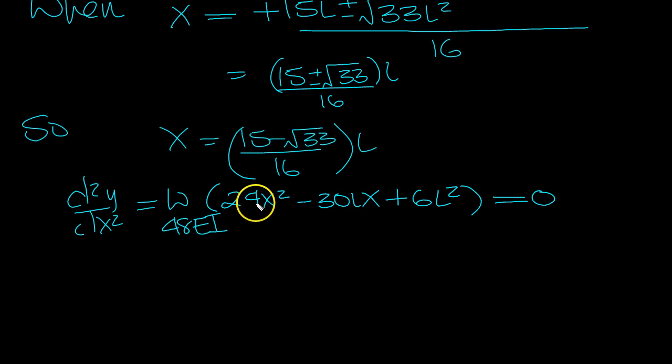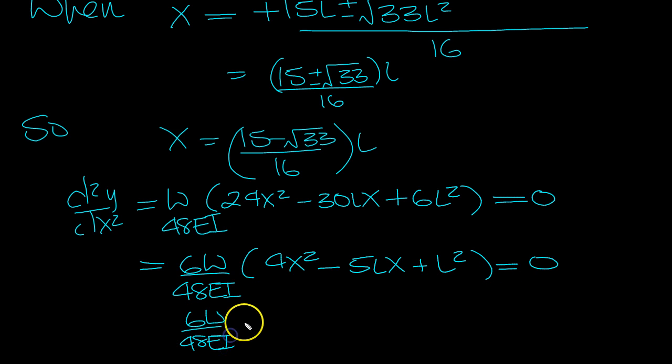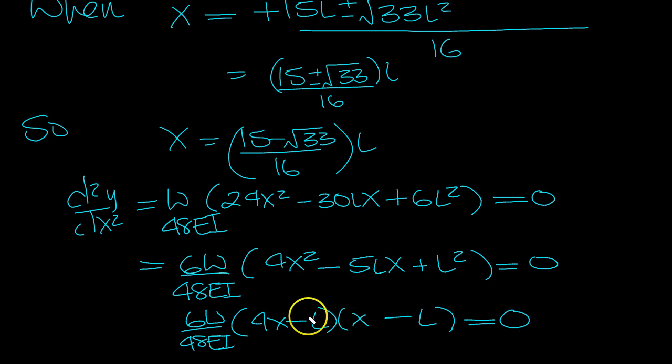So we got a 6 common here. 6w over 48 EI, we got 4x squared minus 5lx plus l squared. 4x and x, l and l, yeah, that looks good. 4x squared minus 4lx minus lx is minus 5lx, and then plus the l squared.